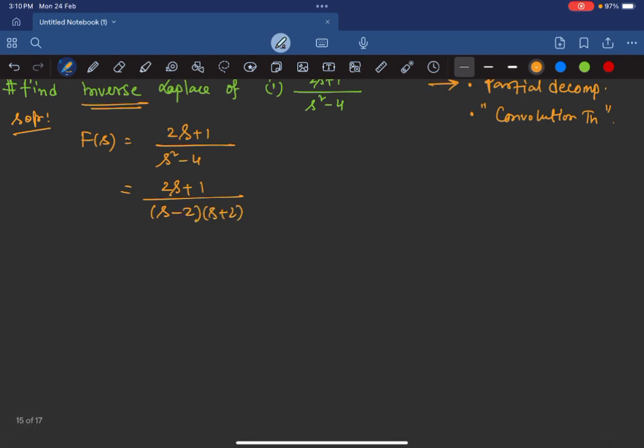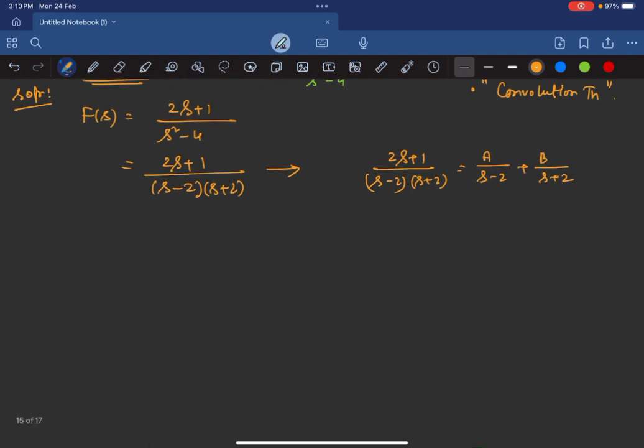Now if you have this type of setup, this can be expressed like this: 2s plus 1 by (s minus 2)(s plus 2) is A by s minus 2 plus B by s plus 2. So if you do the analysis further, 2s plus 1 is A(s plus 2) plus B(s minus 2).